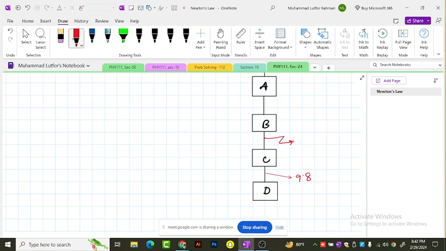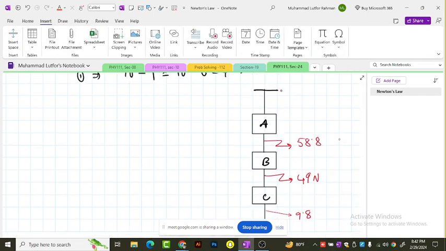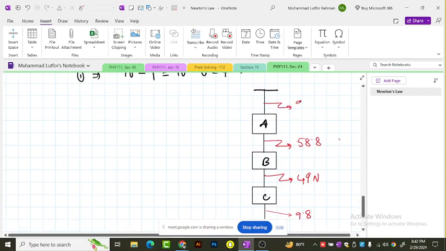Tension on this string is 49 Newton. Tension on this string is 58.8 Newton, and tension on this upper string is 98 Newton. All these 4 blocks are hanging from a ceiling. Do you understand the idea?